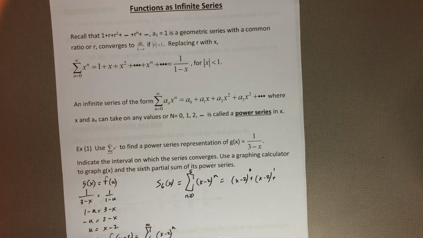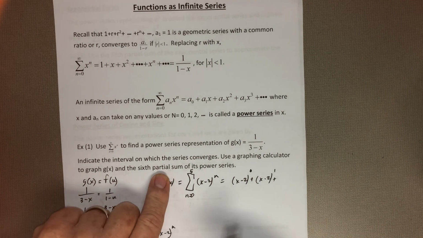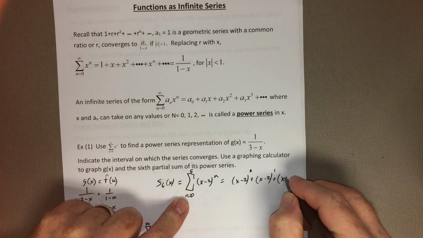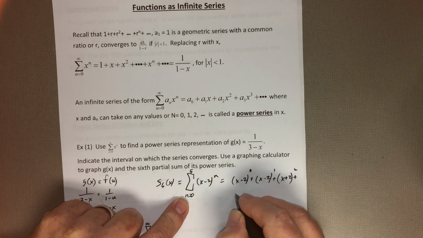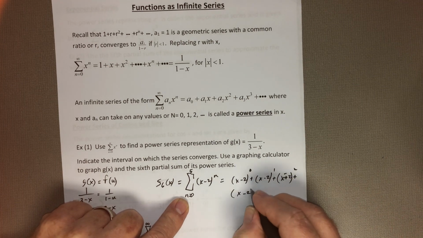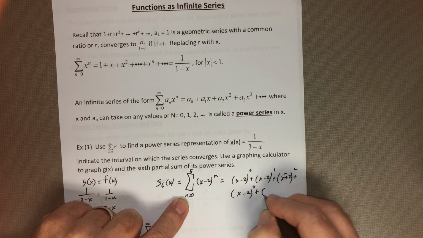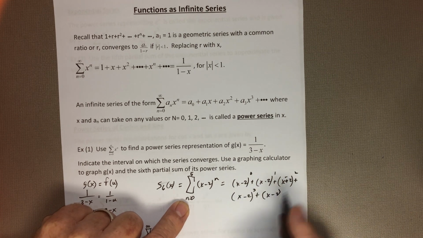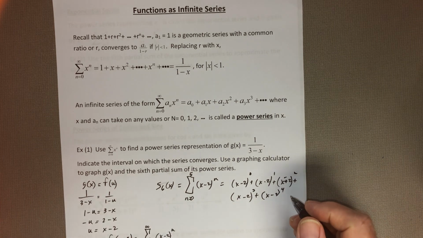We're going to add up the 6 terms, so the next ones would be x minus 2 squared plus x minus 2 cubed plus x minus 2 to the 4th power, up to the 5th power.